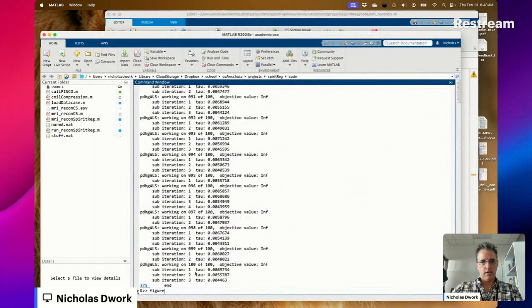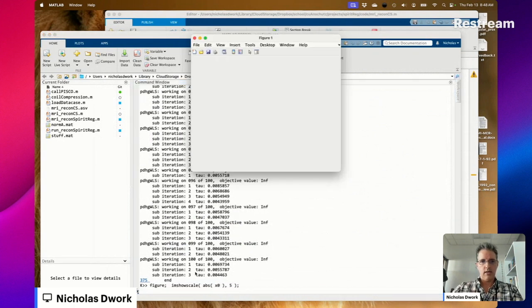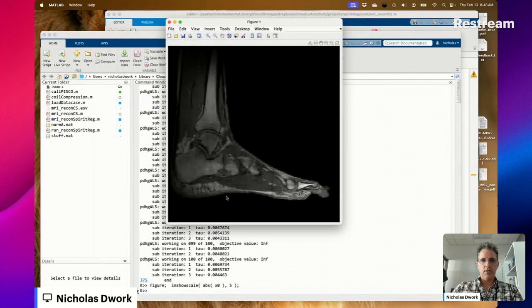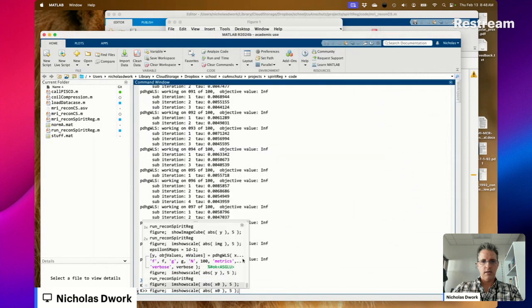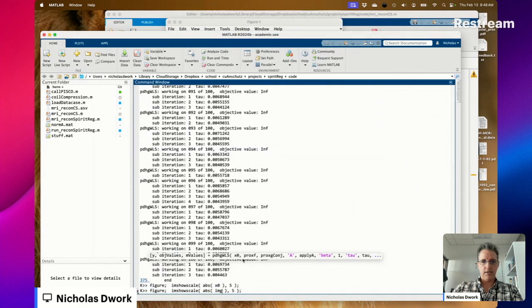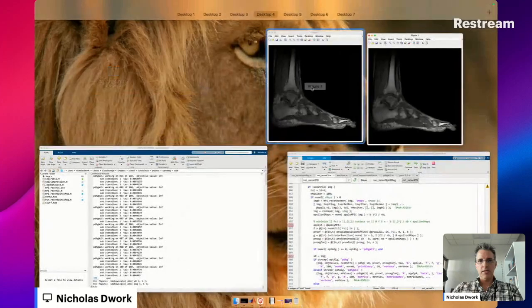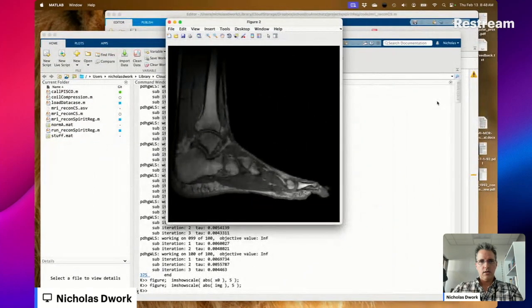Figure. Item show scale. We're going to look at X naught. That was what we had before the new optimization. And now we're going to look at image. That's with the new. And that is significantly better.